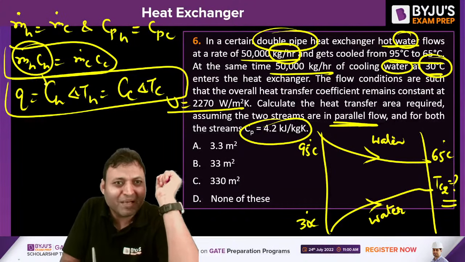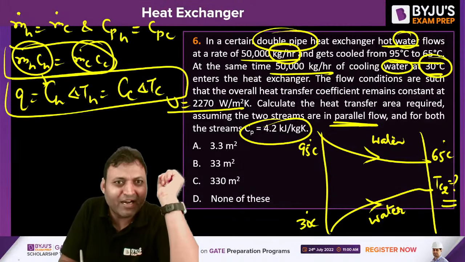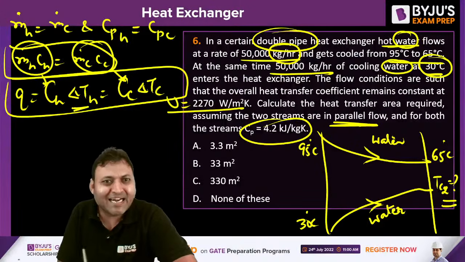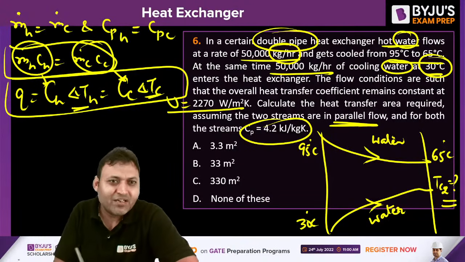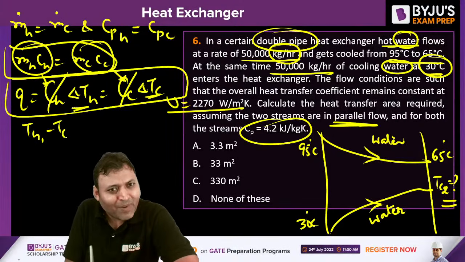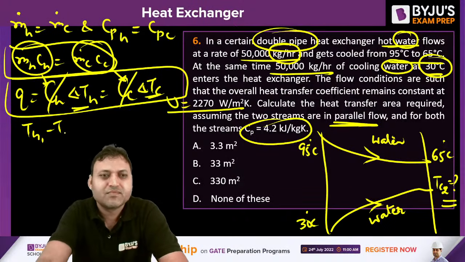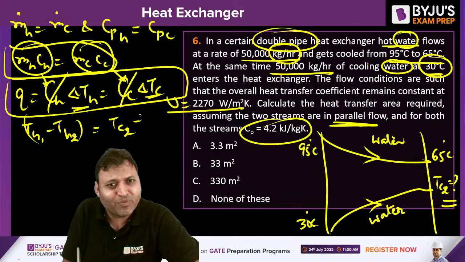Mass flow rate into specific heat of hot fluid is heat capacity rate. Mass flow rate and specific heat for cold fluid is heat capacity rate of cold fluid. Delta TH is TH1 minus TH2. Delta TC is TC2 minus TC1. Because these two are same, we can say TH1 minus TH2 must be equal to TC2 minus TC1.